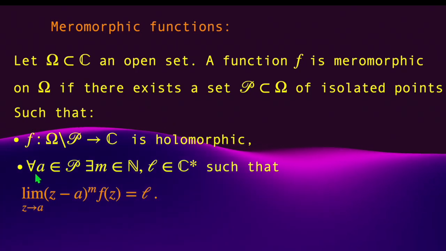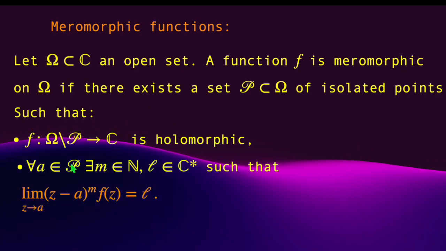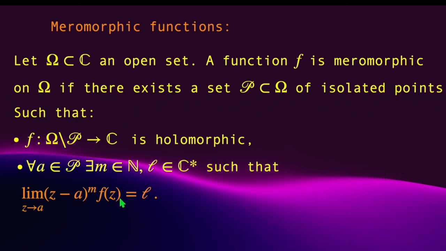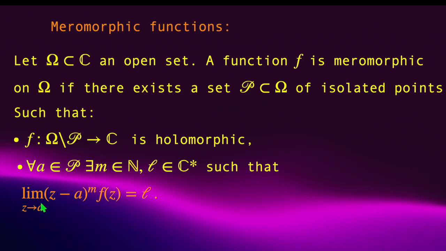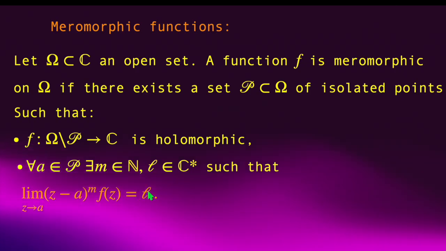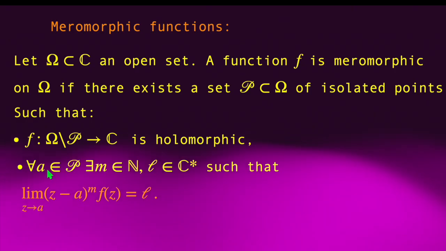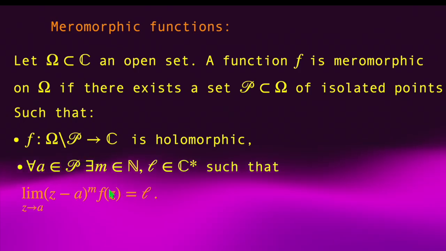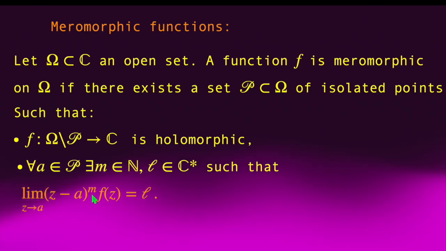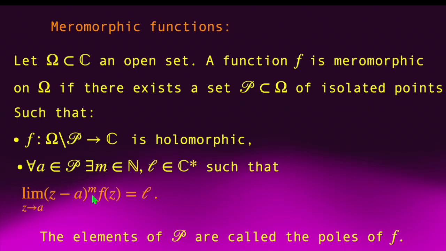And moreover, for any point A in the set of singularities of this function, the function is equivalent near this point to L over (z minus A) to the power M. And the elements of this set P are called the poles of f.